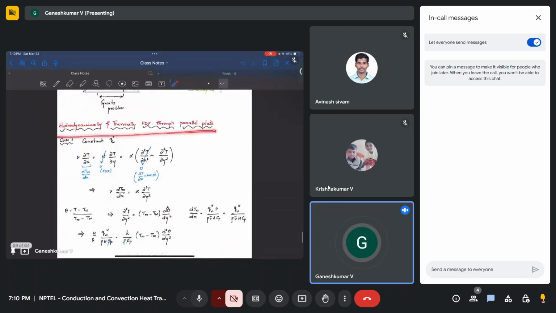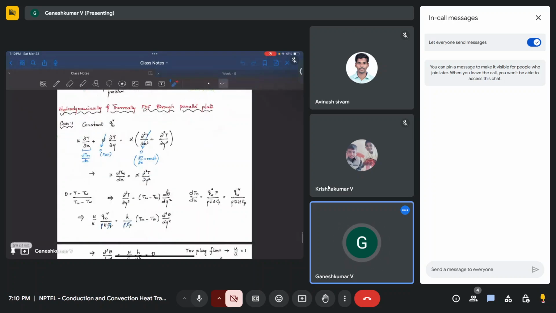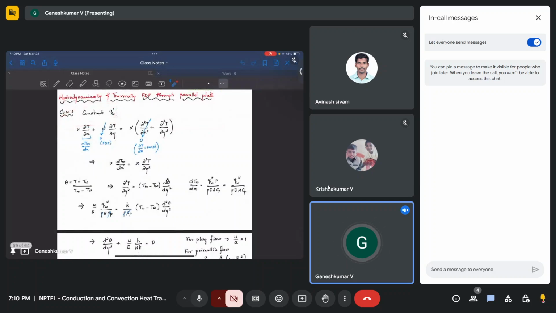Initially we started with the parallel plate, and the first case is constant heat flux. Constant heat flux is fairly easy to solve compared to constant wall temperature. This is our energy equation. Because of constant heat flux, we can simplify certain things. This can be replaced by dTm by dx.